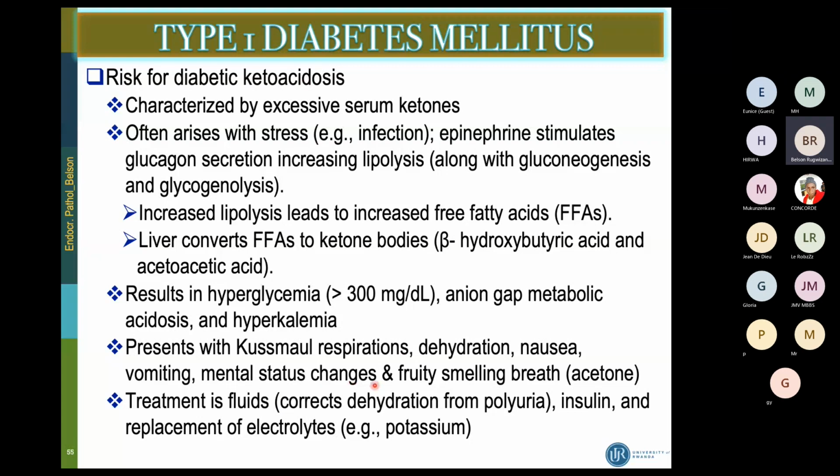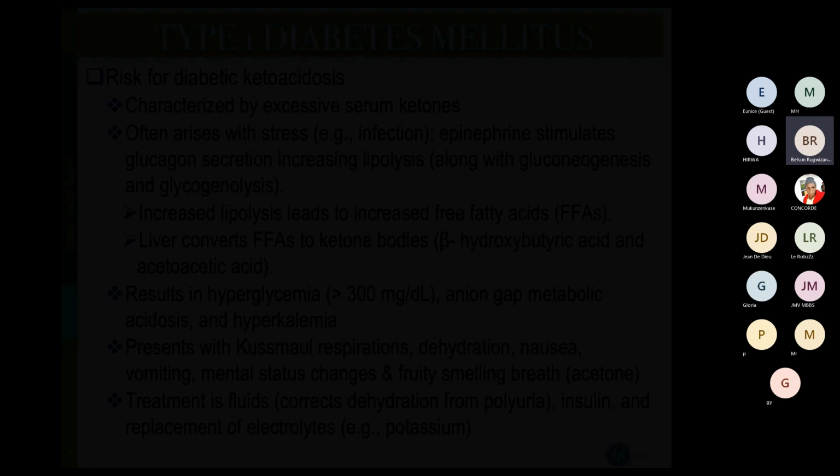Vomiting, mental status changes, fruity smelling breath, kubera iri acide usanga bafite ahumeka nk'umuntu ari imbuto cyane. Treatment is fluids, to correct the dehydration, insulin and the replacement of electrolytes such as potassium, because they may use potassium in some cases. So ni muri rusange twaba kuri diabetes type 1.